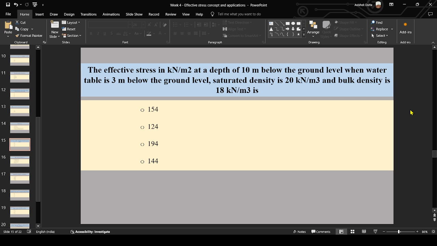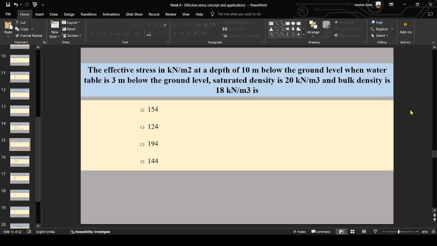So we are asked to find out the effective stress at a depth of 10 meter below the ground level, where the water table is 3 meter below the ground level. The soil has a saturated unit weight of 20 kilonewton per meter cube and bulk density of 18 kilonewton per meter cube.